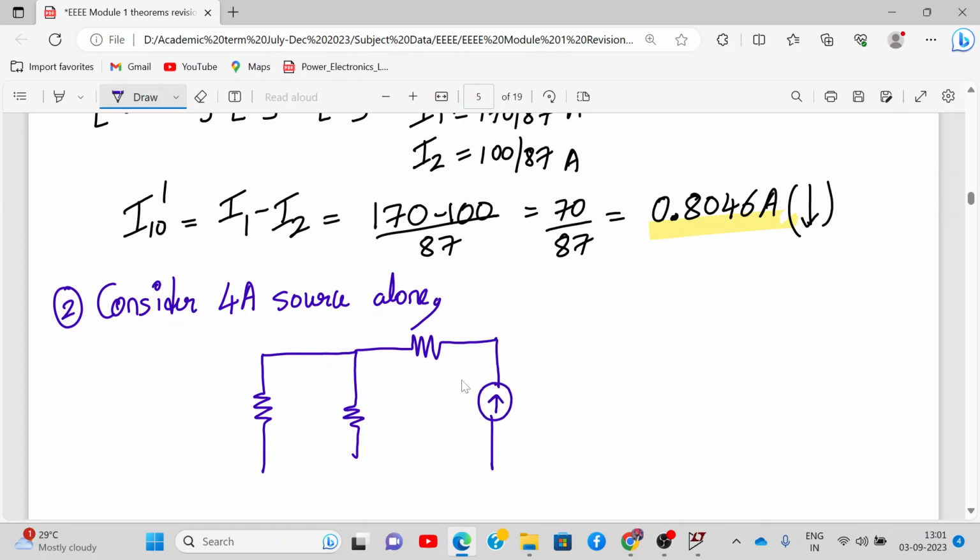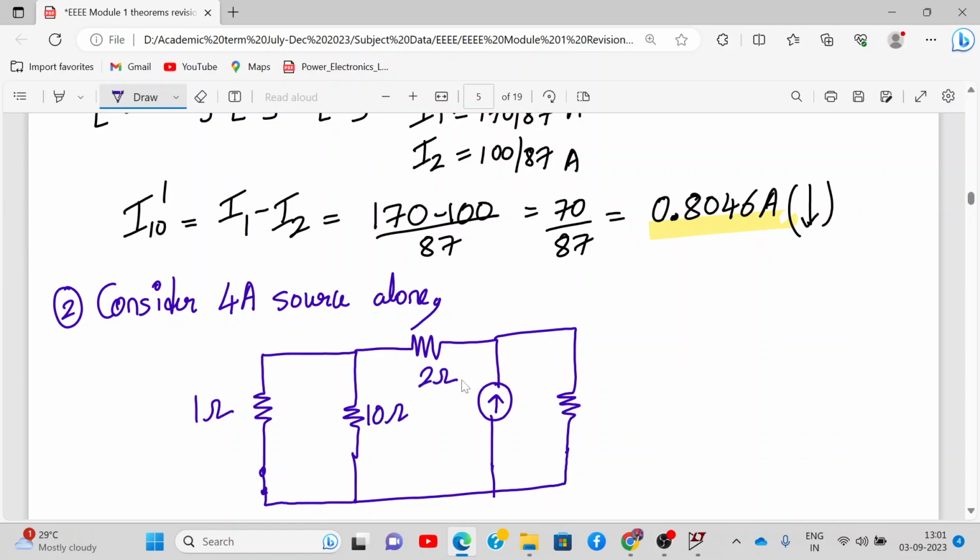This is the circuit. This is short circuited, right? This is 1 ohm, this is 10 ohm, 2 ohm, 4 ampere and 5 ohm. And we need to find the current flowing through 10 ohm, double dash.